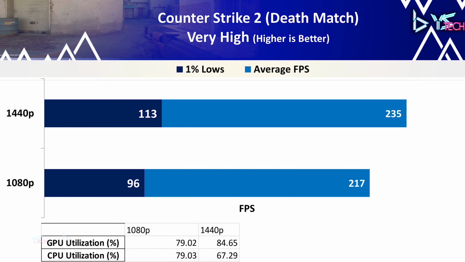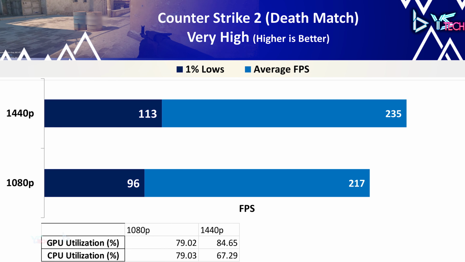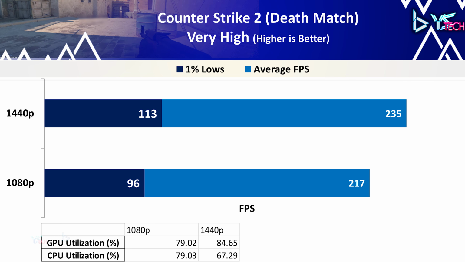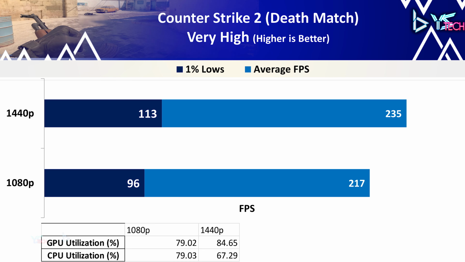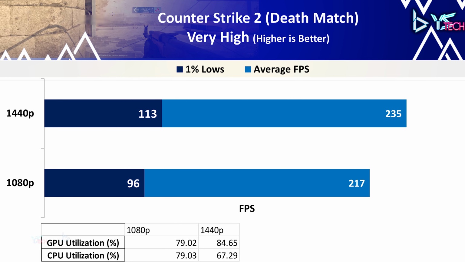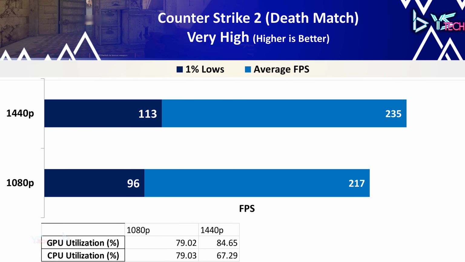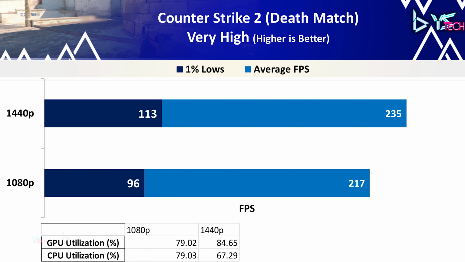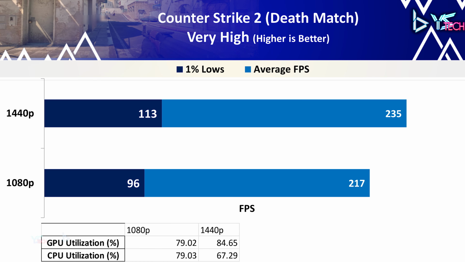We can see that the CPU and GPU utilization rate were both at 79% at 1080p, and at 1440p the GPU utilization rate increased slightly to 85% and the CPU utilization rate went down to 67%. Kinda interesting that we have a better result on 1440p than 1080p.